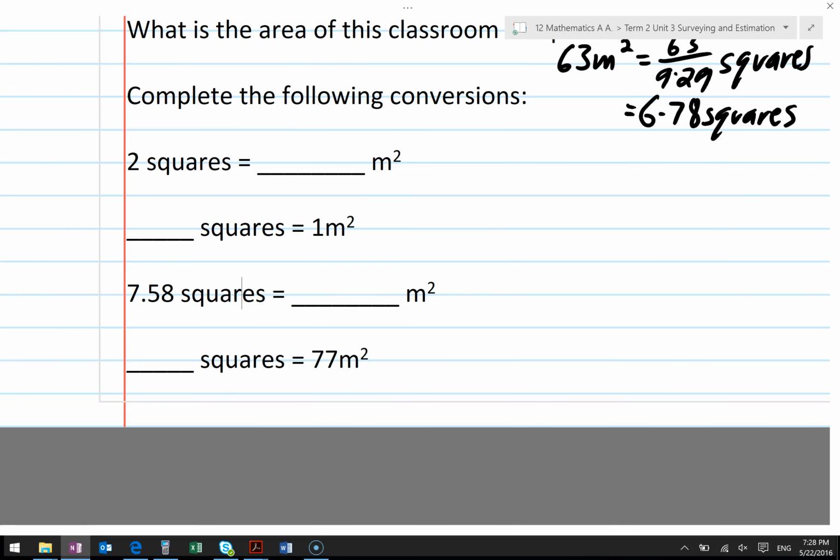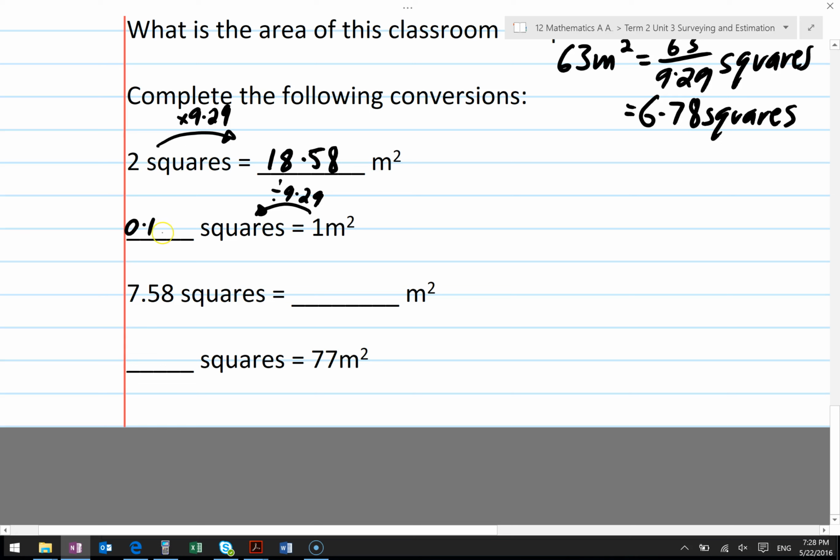I've given you enough time to have a go now. To go squares to meters squared, we times by 9.29, so we get 18.58 meters squared. How many squares in 1 meter squared? This conversion is dividing by 9.29, giving 0.108 squares.